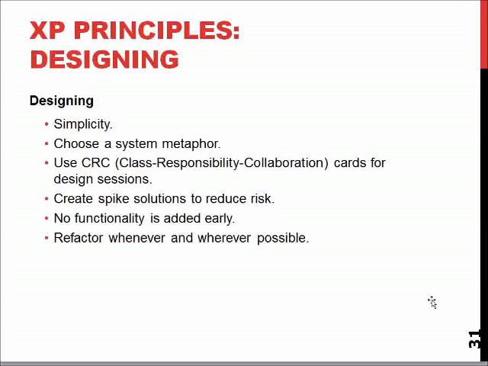So basically, you reduce risks by using simple approaches, and the spike here, meaning this one, create spike solutions to reduce risks, means that you create one solution, see if it works. If it works, you incorporate or integrate it into the system. Otherwise, you have to come up with a different solution.